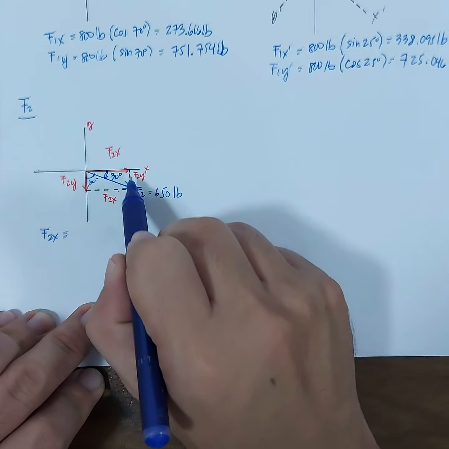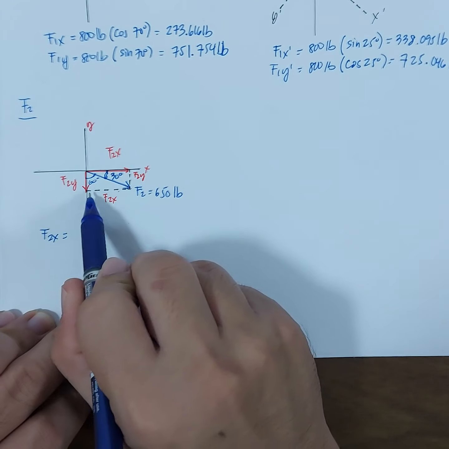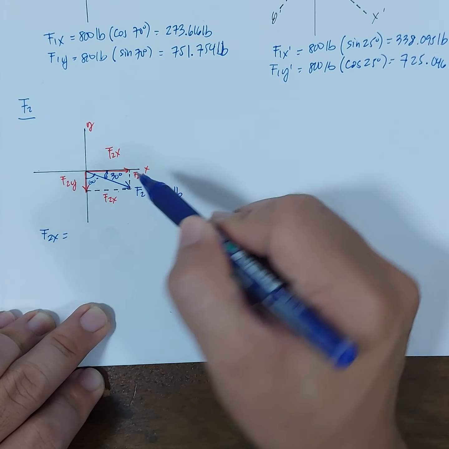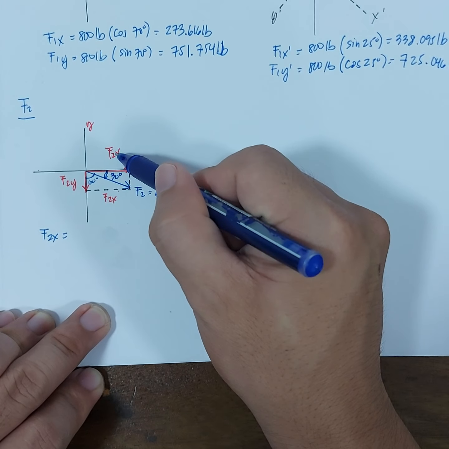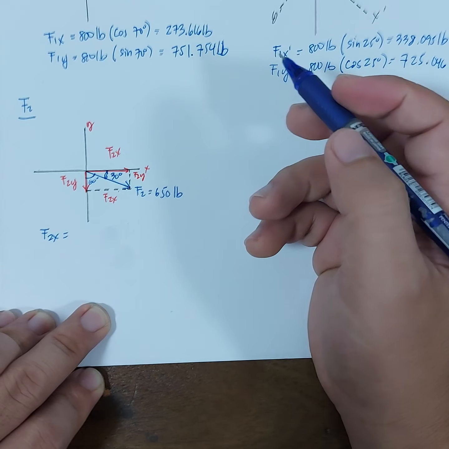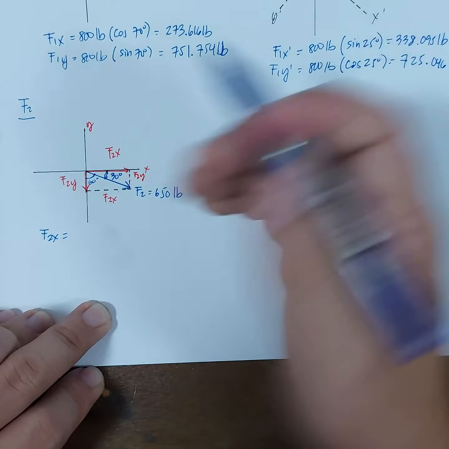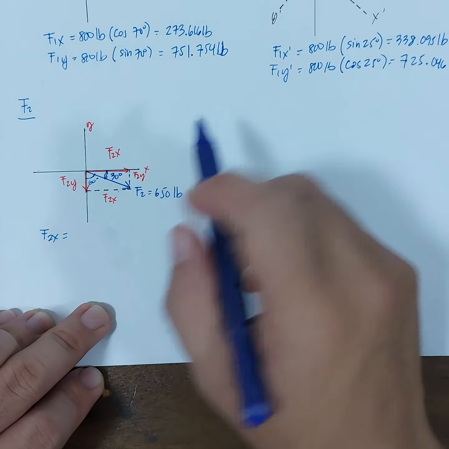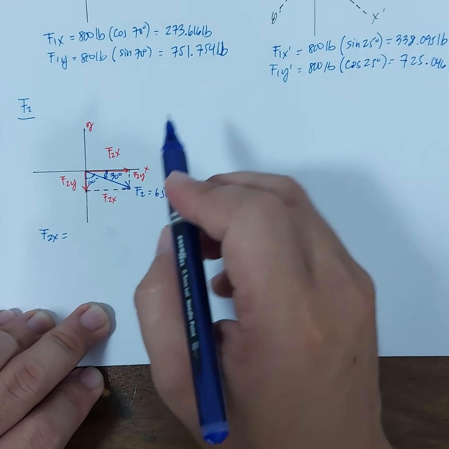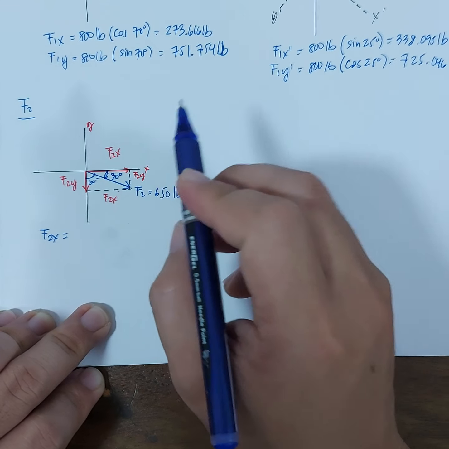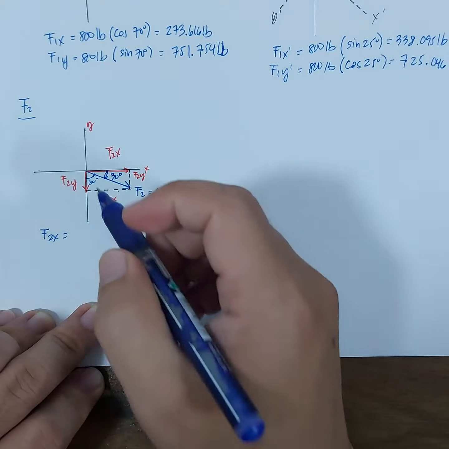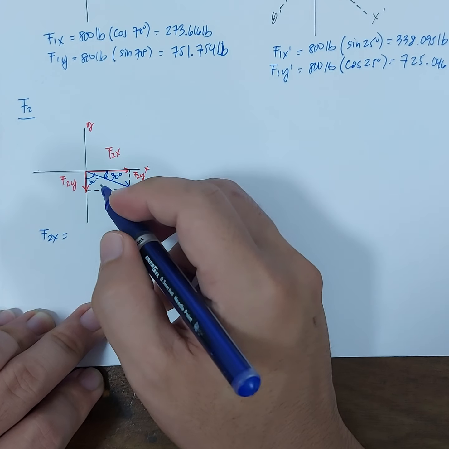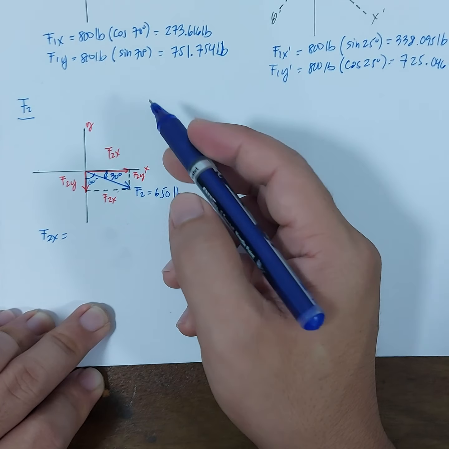If you're going to use this triangle, this angle is 30 degrees, and F2x now is the adjacent side, so you're going to use cosine. So, depende na sa kung anong triangle ang gamitin natin. Basta consistent tayo sa paggamit ng angles.